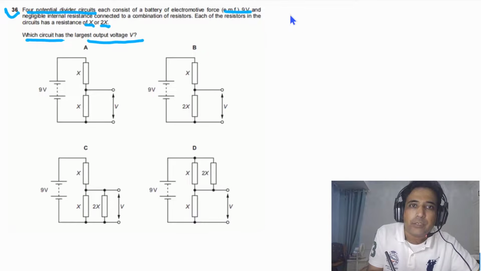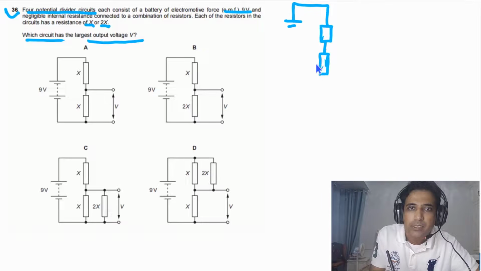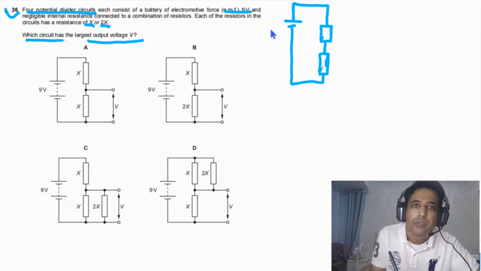So for this purpose, we can draw one very simple potential divider circuit. We can imagine we have just two resistors connected in series. This is our very simple potential divider circuit. We can say the EMF of this power supply is V0 and it has no internal resistance. We can also assume this resistor is R1 and this one is R2.